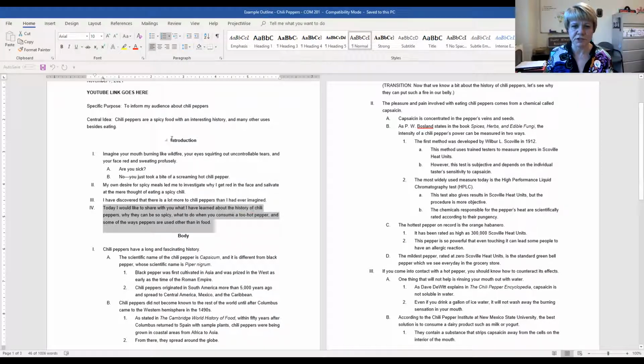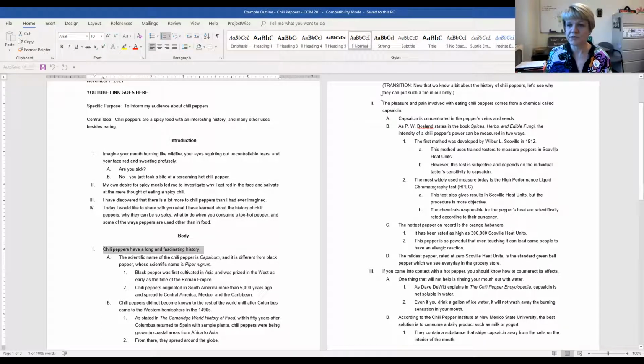So we've got our introduction that basically, remember, we get people's attention, we explain our connection to our topic, why it's interesting to us, we get people's interest going, and then we explain to the audience what they're going to be hearing with the central idea written as a sentence. Then we go right into the body, and all of the main points are Roman numerals.